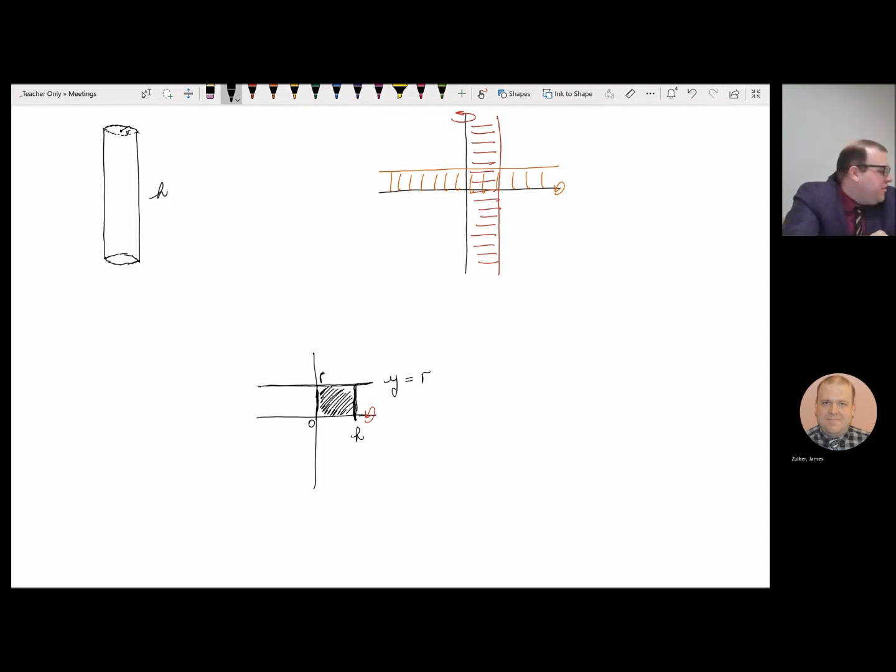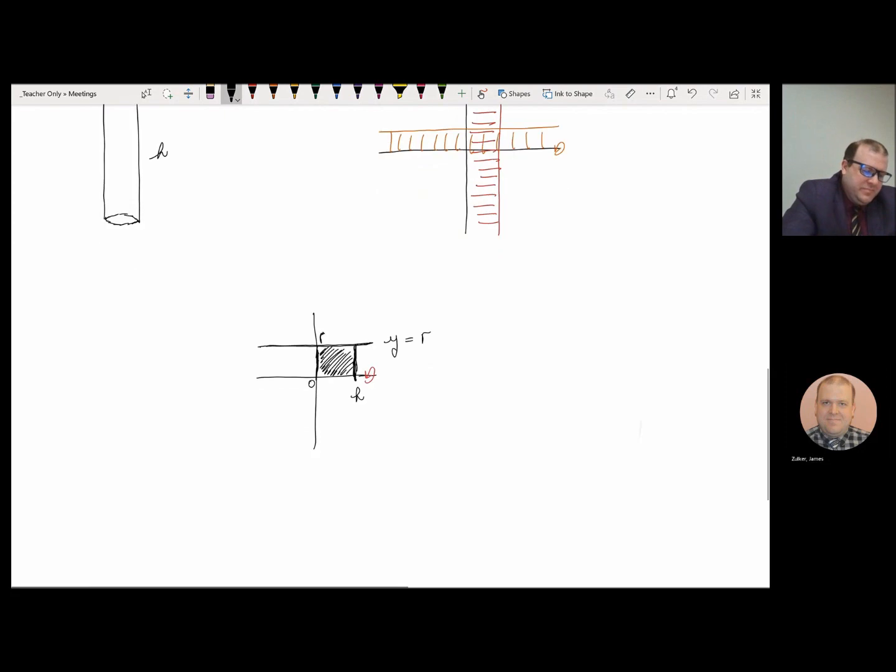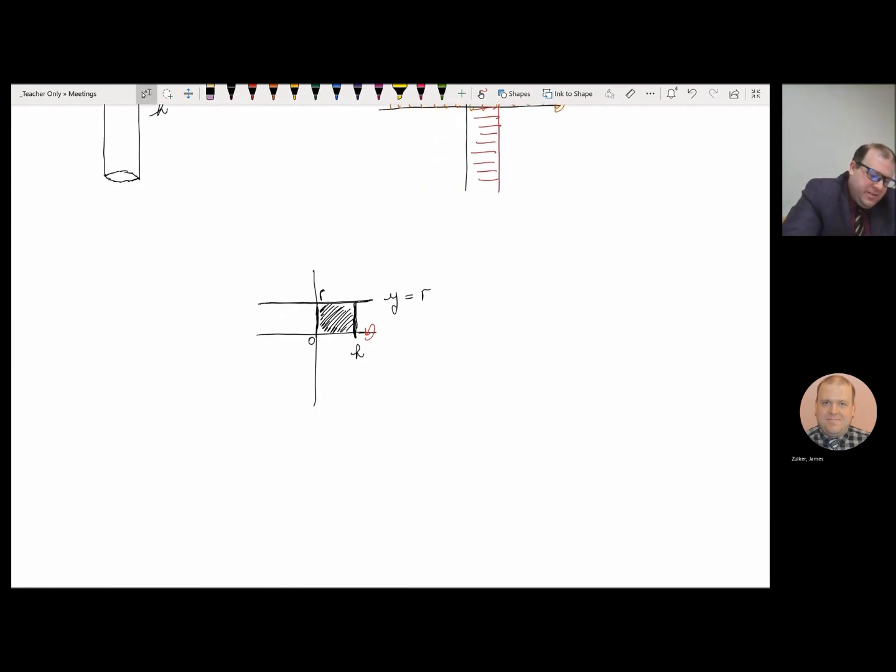It's just y equals r. Pi times the integral 0 to h of our function squared dx.